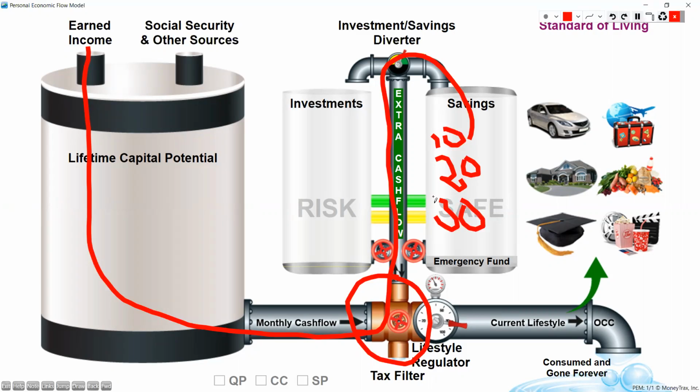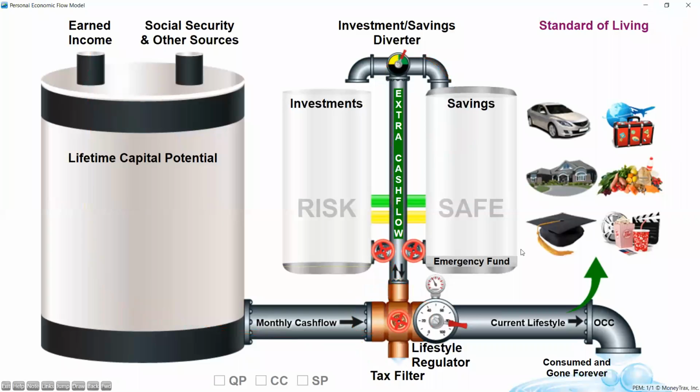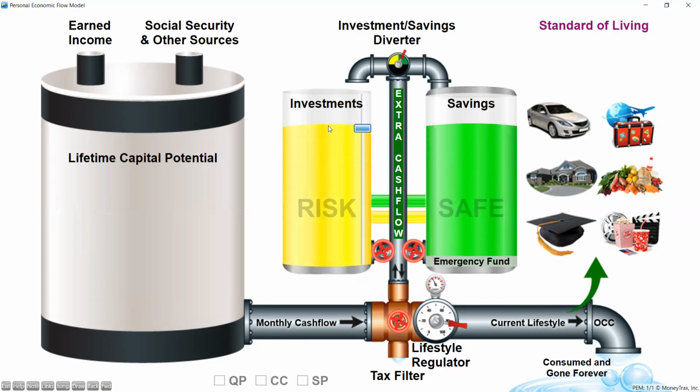But if you want to be able to live the lifestyle that you desire, greater than you're living today or the same as you're living today, you have to make some sacrifices. Or else your tank is going to look like this when you retire and you're going to be in a bad situation. So we need to be able to fill these two tanks up with the 10%, the 20%, and the 30%.